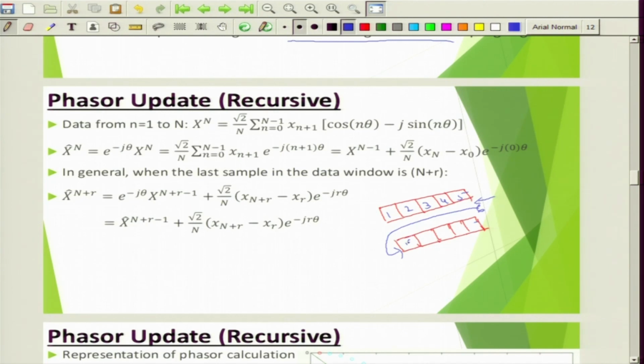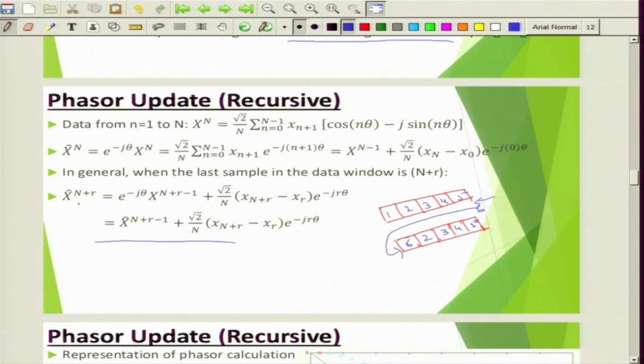Now it looks like this: 6, 2, 3, 4, 5. In non-recursive we saw the same number of data, but instead of keeping the new one at the last, in recursive it is pushed in the beginning itself.